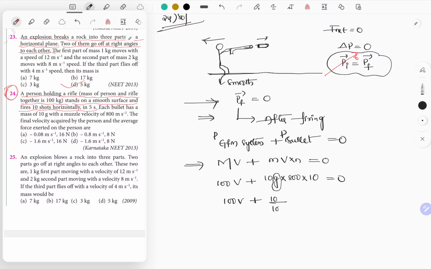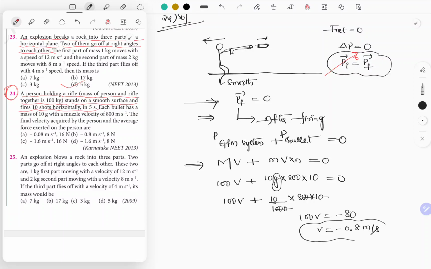At 10 power minus 3 I am writing it as a denominator. So 800 into 10. So into 10. So these 3 zeros and these 3 zeros will get cancelled. You are going to get 80. So 100 V is equal to minus 80 and V is equal to minus 0.8 meter per second.